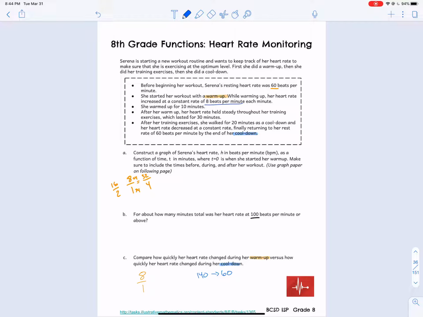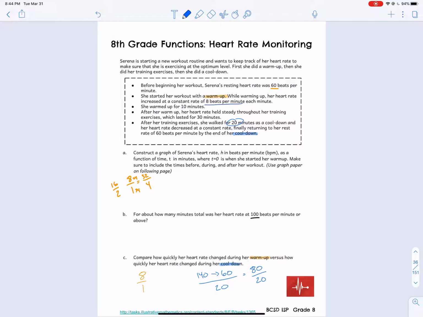Okay, and that took 20 minutes. So that looks like a rate of change. So how much did it decrease over how many minutes? So from 140 to 60, that's 80, and that took 20 minutes.